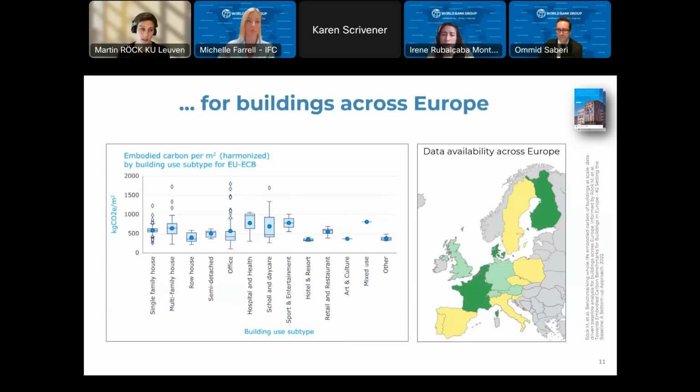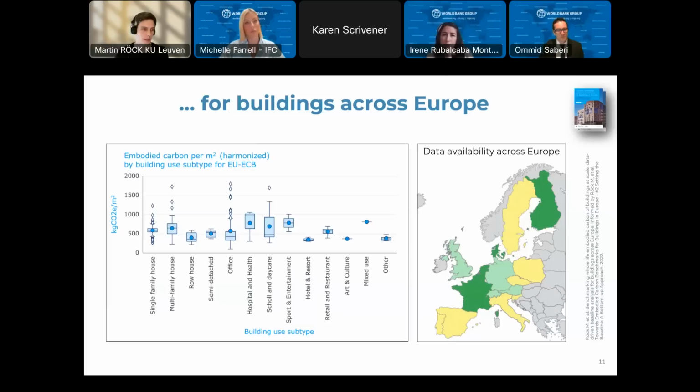And as Karen Scrivener showed before, we do see quite some dispersion for the buildings within different types of structures. We also see quite a dispersion within the buildings of different types of uses. So here again, we're plotting different residential and non-residential building types and the embodied carbon that we see across the full life cycle. And you see that there are certain trends.